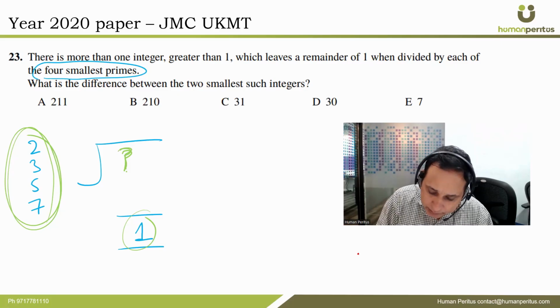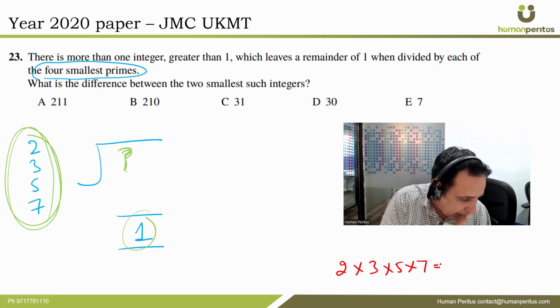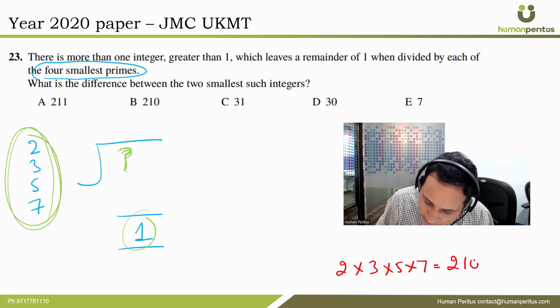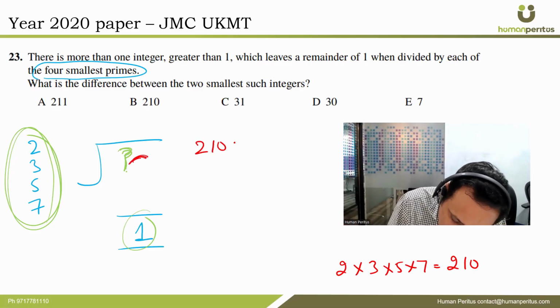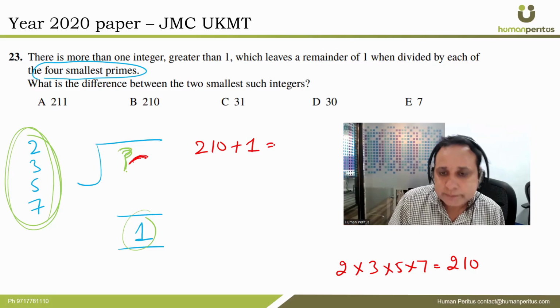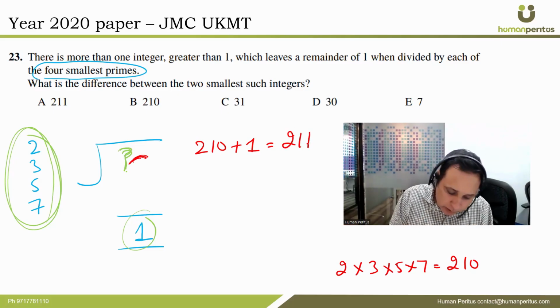I can straight away multiply them. So 2 into 3 into 5 into 7, and this comes out to be 210. It means this number is nothing but 210 plus 1. So it is 211.